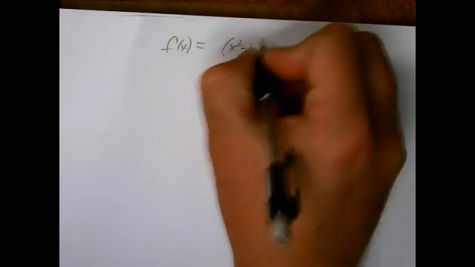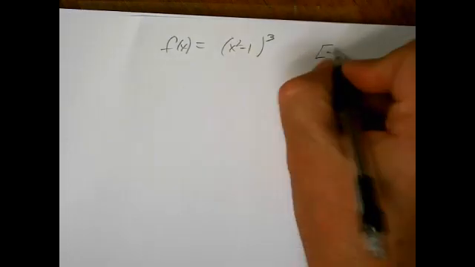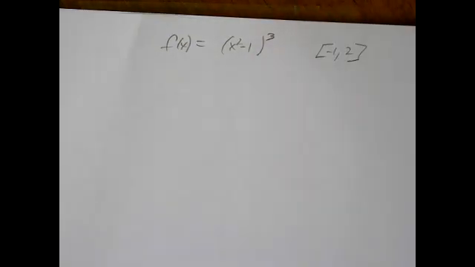Let's say I had an f of x equaling x squared minus 1, and that thing's cubed. And we're going to do it on the interval from negative 1 to 2. And again, my theorem guarantees that these absolutes are going to be here, because that thing is continuous on that closed interval. Okay?